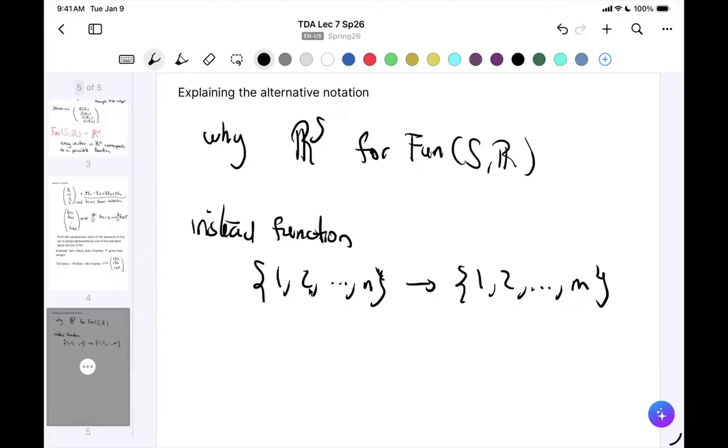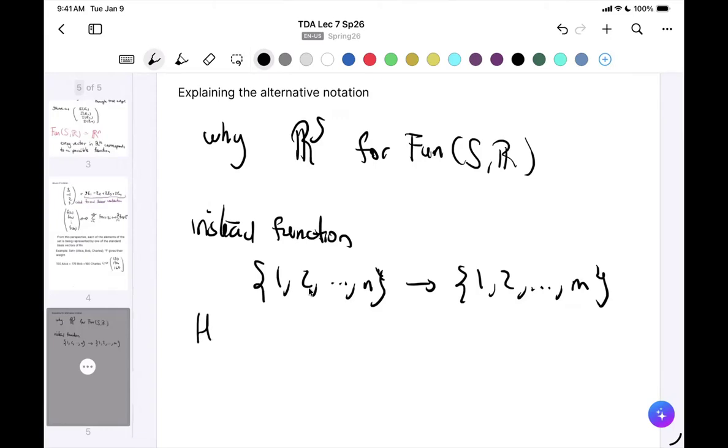So this is kind of a combinatorics problem, right? How many ways can you do that? A function is just an assignment of numbers. So for the first of these integers, we have n options for where you can send it. So how many functions are there between these two sets?